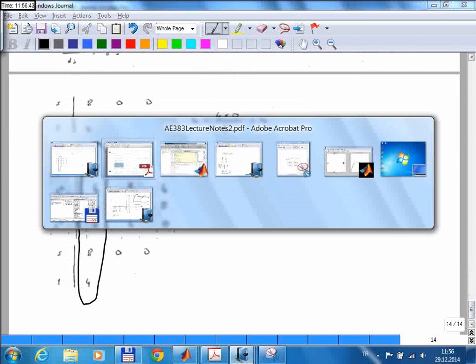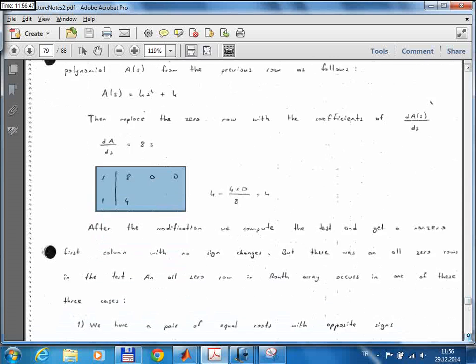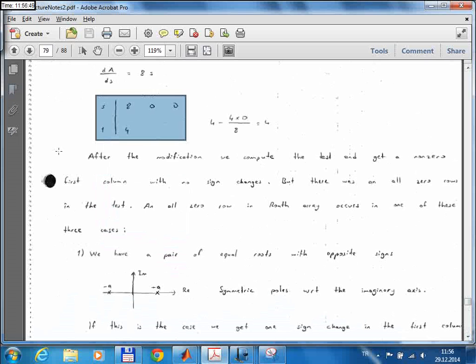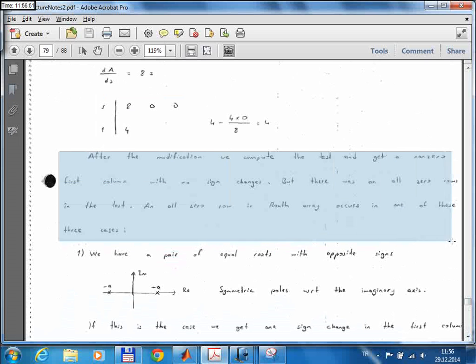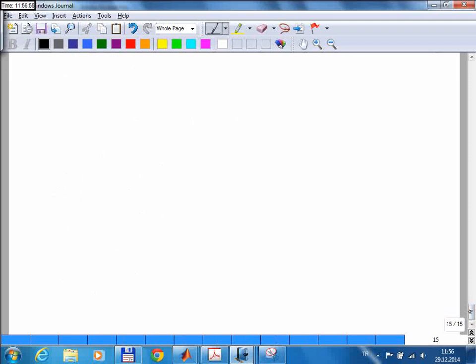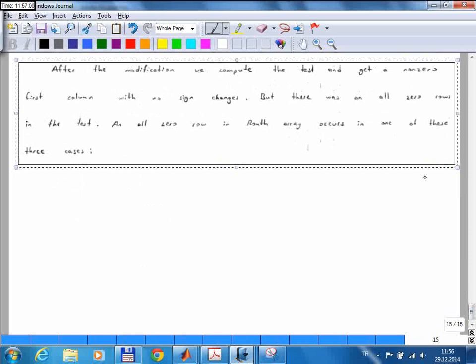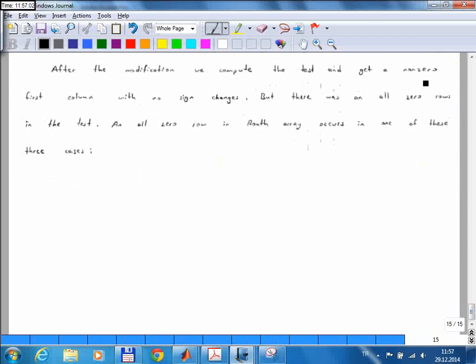In fact, the conclusions are explained here. So after the modification, we complete the test and get a non-zero first column with no sign changes. But there was an all zero row in the test.